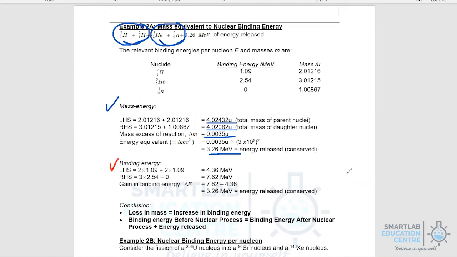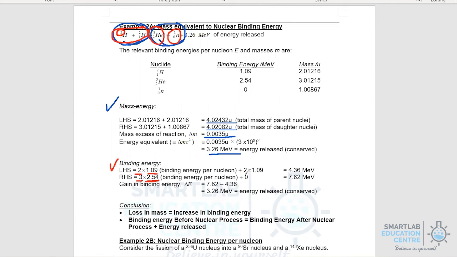The alternative is to use the nuclear binding energy. We expect the nuclear binding energy of the daughter nuclei to be higher than the binding energy of the parent nuclei. In this case, the nuclear binding energy of the neutron is 0. Hence, in the calculation, we can take the nuclear binding energy per nucleon of helium and multiply by 3, because helium has 3 nucleons, and we can take the binding energy per nucleon of hydrogen and multiply by 2, because in this case the mass number of hydrogen is 2.